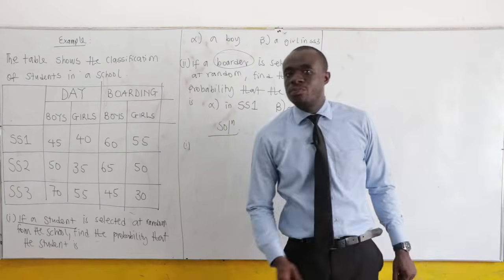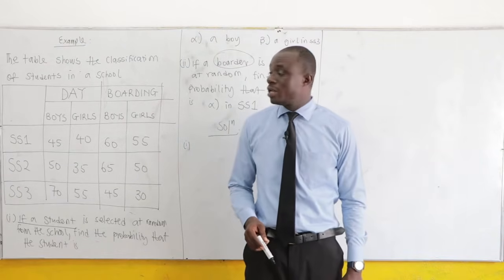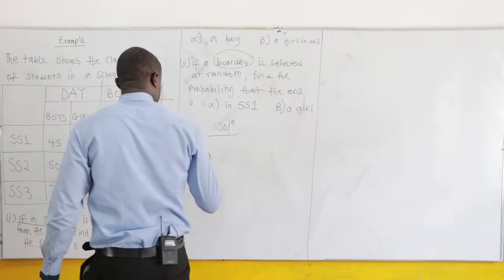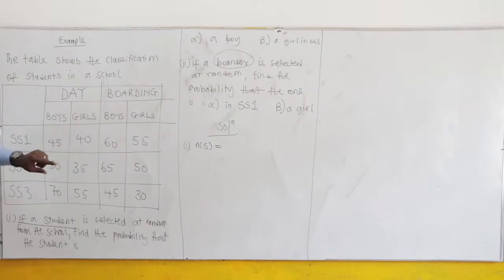Now, if a boarder is selected, remember, our sample space will change for the second one. Now, let's see the first. We know that probability is number of events over number of sample space. So let's find the sample space. That is all the students in the school, both day and boarding students.